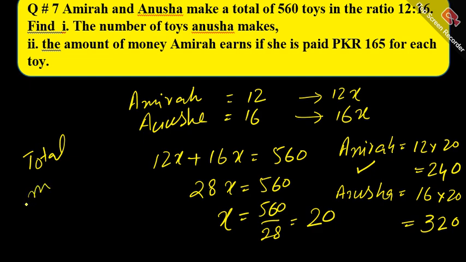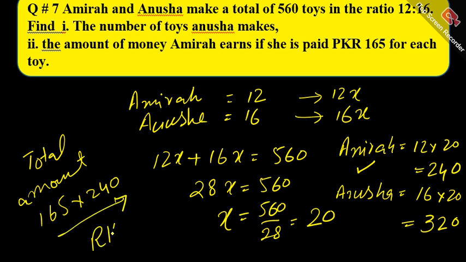Very easy, 165 multiplied by 240. After multiplying, you will get your answer in PKR. PKR means Pakistani rupees.